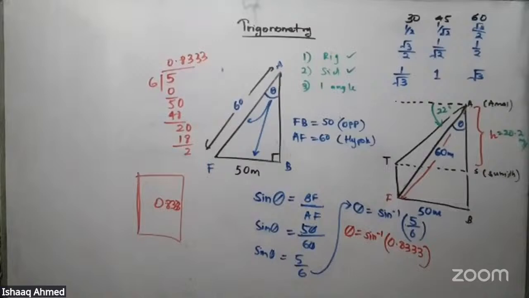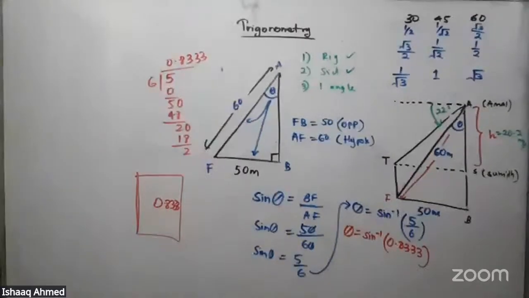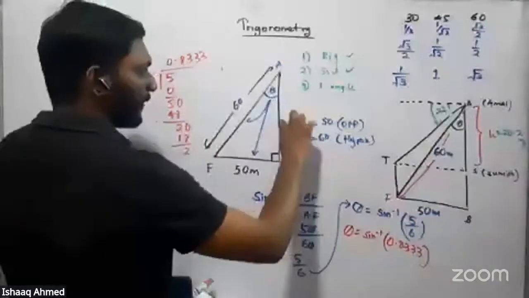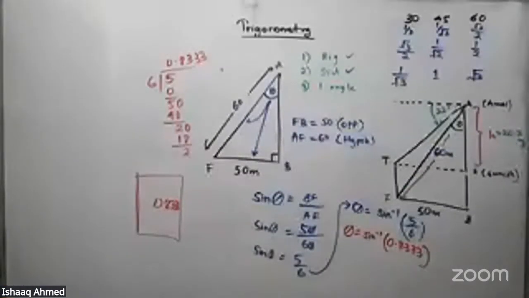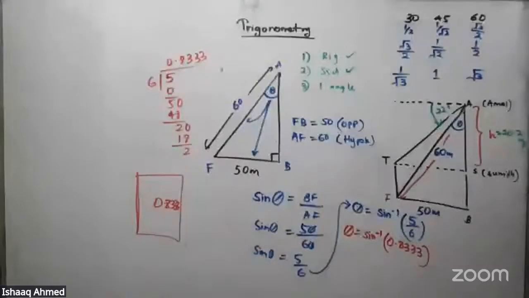You take the sine table and find where 0.8333 is.